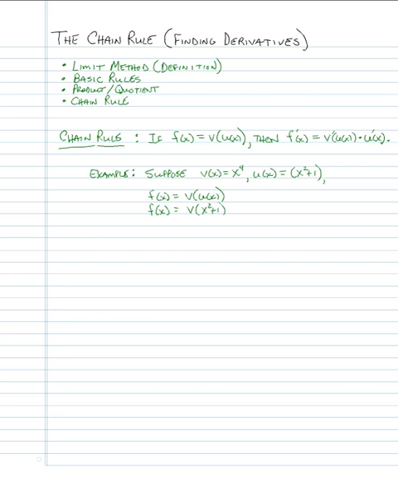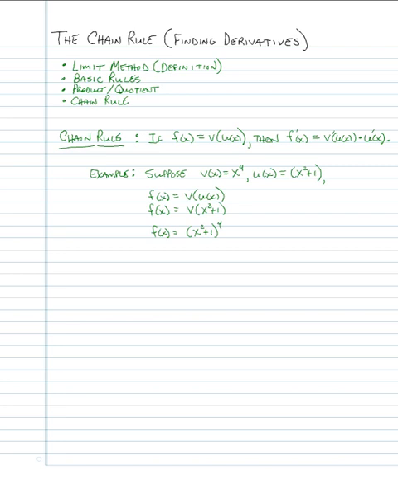So now x squared plus 1 becomes the input into the function v. And that means every place we see an x in the function v, we replace it with x squared plus 1. So f of x is actually x squared plus 1 to the power 4.